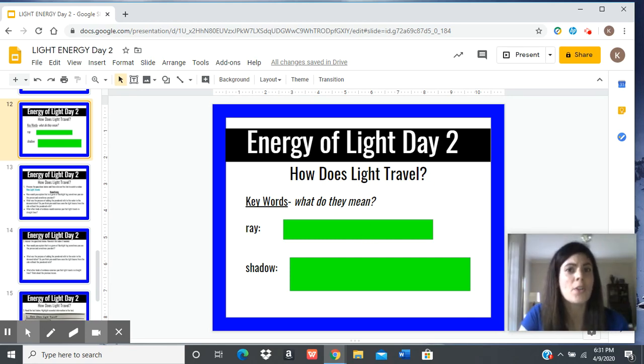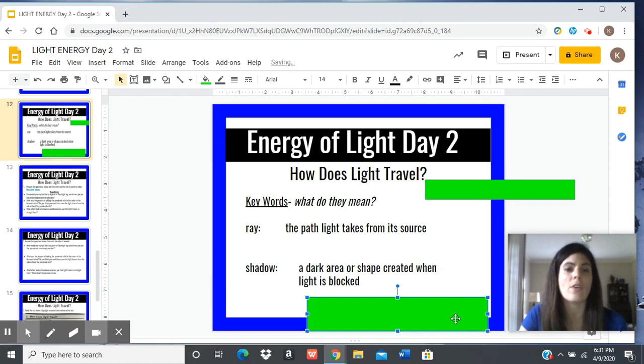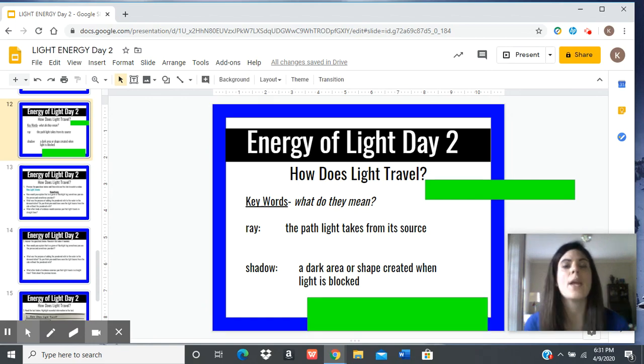Let's compare your answers to my answers. Ray, the path light takes from its source. And shadow, a dark area or shape created when light is blocked. In which experiment, the flashlight and the pencil, the flexible straw, or the index card experiment, was a shadow created?